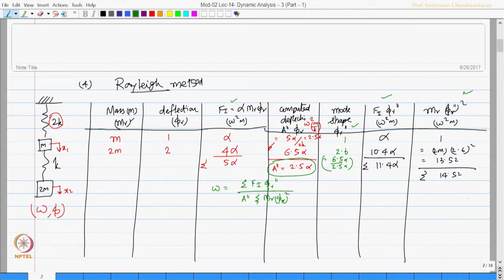Okay. So, that is going to be equal to 11.4 alpha by 2.5 alpha into 14.52.